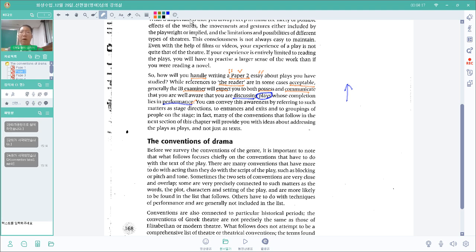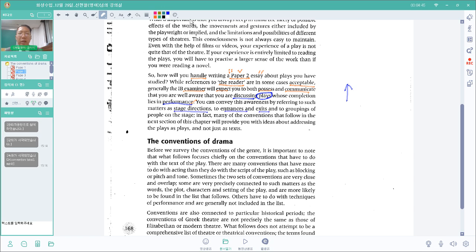You have to write about the drama as a performance, and also about several different perspectives on the drama, such as words, structure, character, plot, stage direction, light, and so on. Okay?